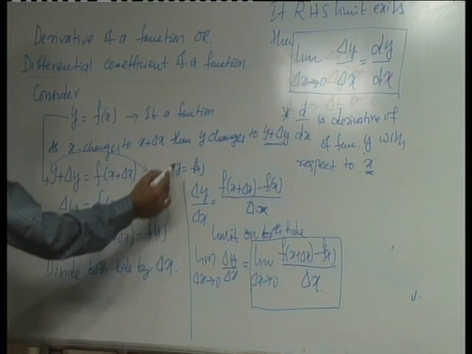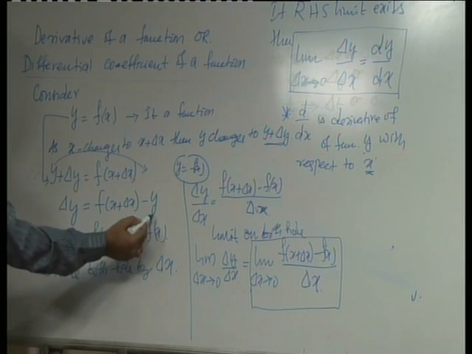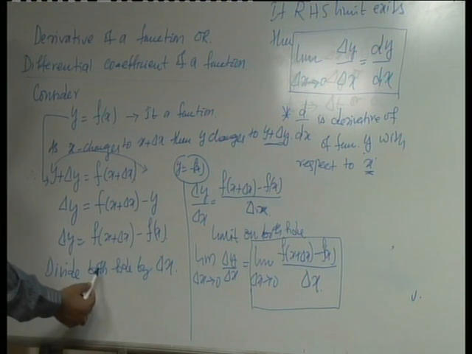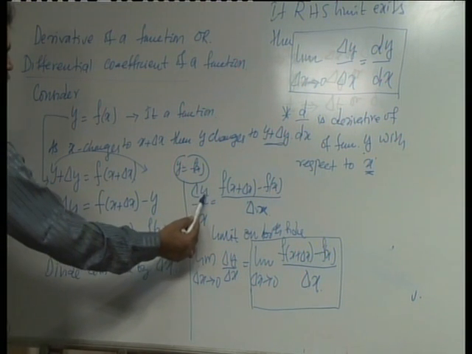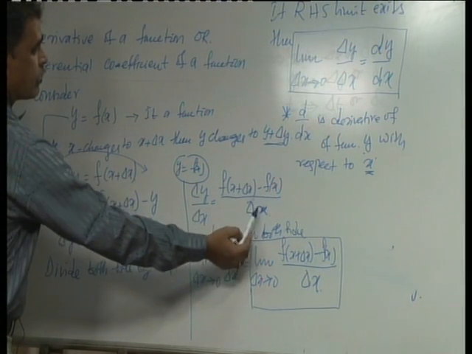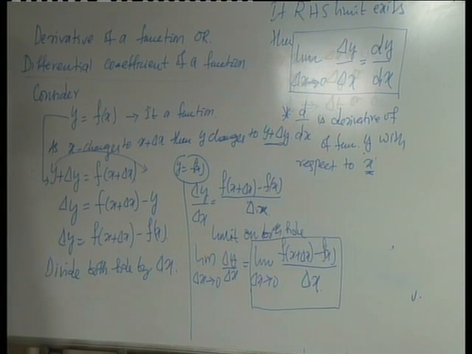What is y? y is equal to f of x, that is substituted. Then you divide both the left hand side and right hand side by delta x. Therefore, delta y by delta x is equal to f of x plus delta x minus f of x divided by delta x. As I mentioned, differentiation is the extended phenomenon of limit.